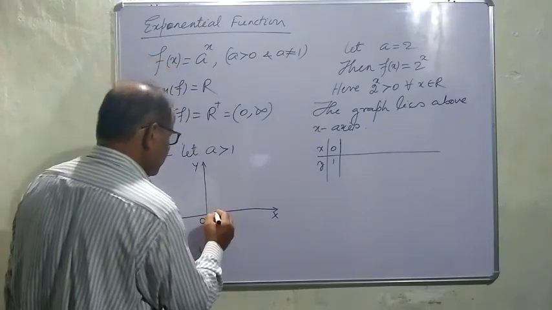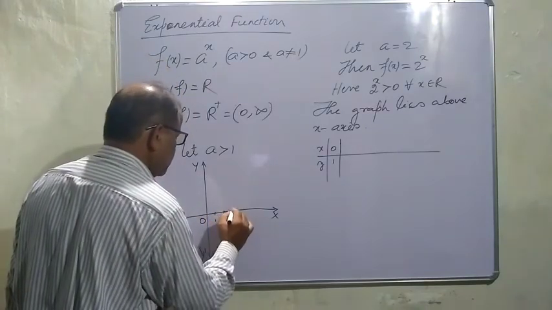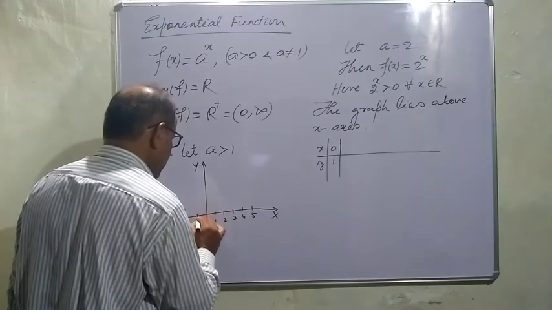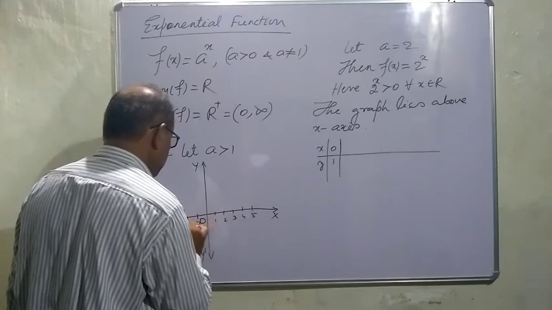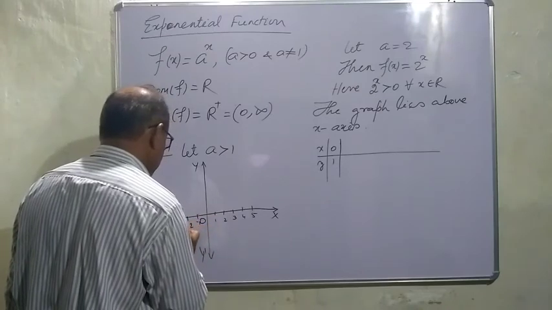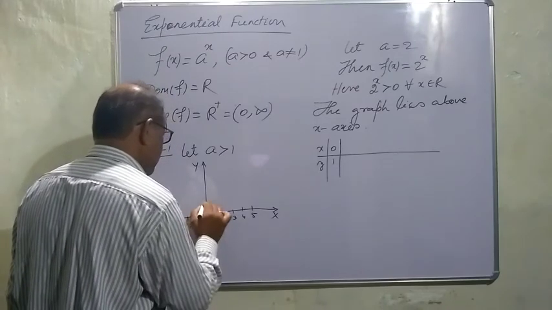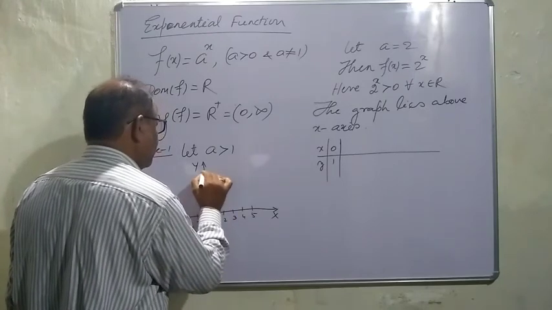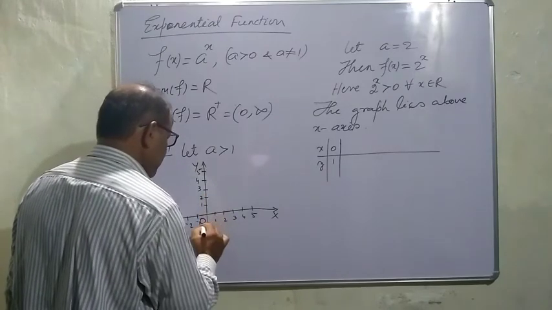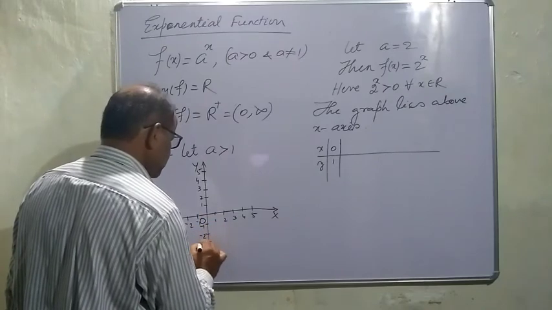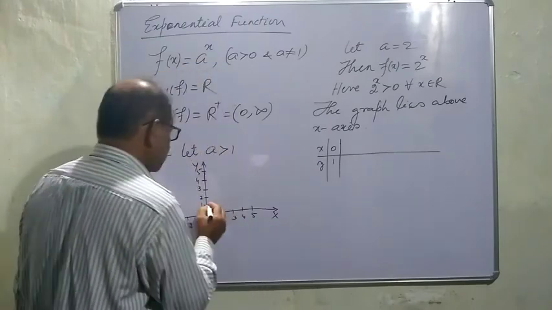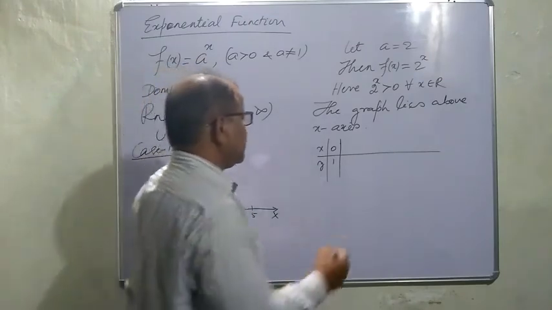If you plot it like this, 1, 2, 3, 4, 5, minus 1, minus 2, minus 3, minus 4, minus 5. If x is 0, it is 1. This is the point.